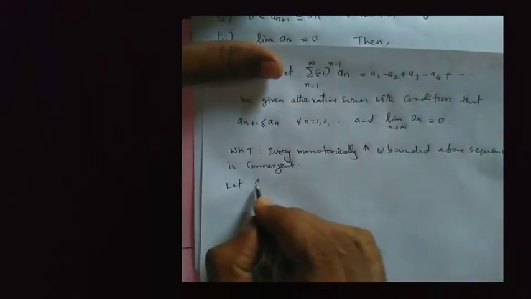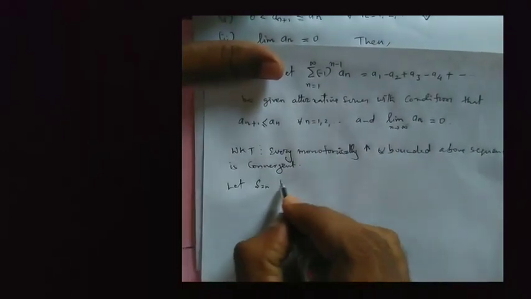Now let S of 2n be the partial sum of 2n terms of the series.